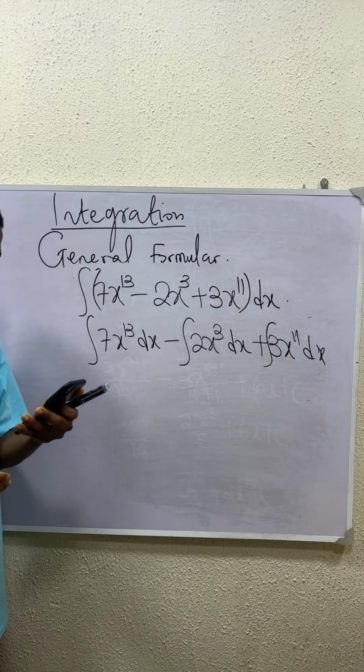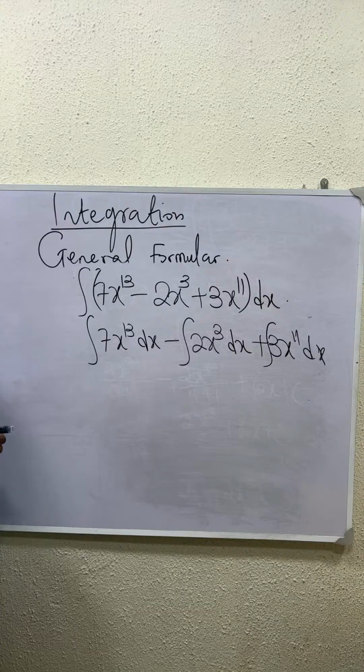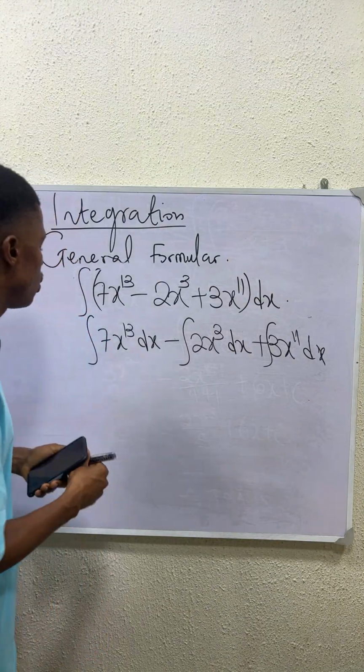So in integration, basically, what we have to do is increase the power by 1 and divide by the new power. So what do I mean?